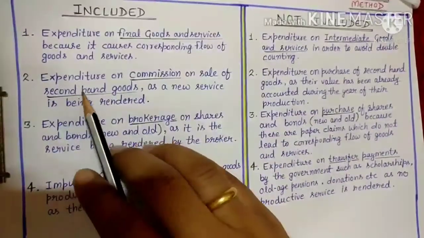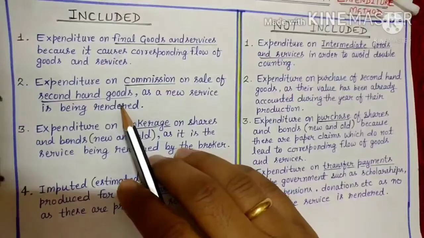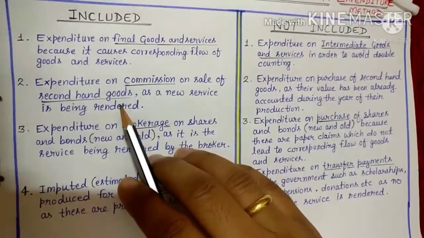Next, the second point: expenditure on commissions on sale of second-hand goods. Take an example.